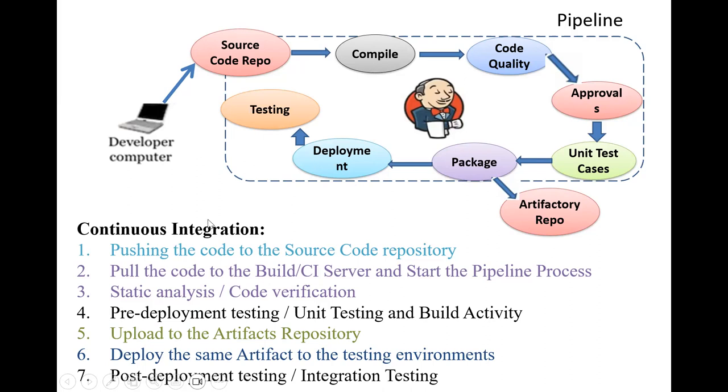So just think about it. Once one developer changes one line of code, this entire process should be done. Daily, if we take an average of 10 developers, each developer on average commits code 15 to 20 times.